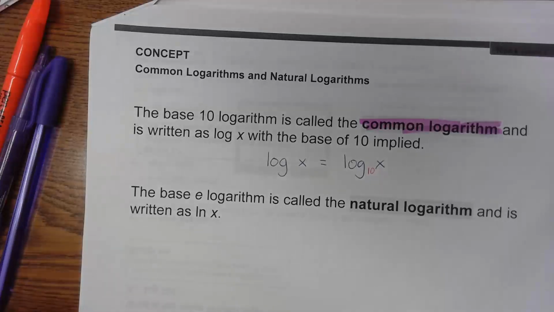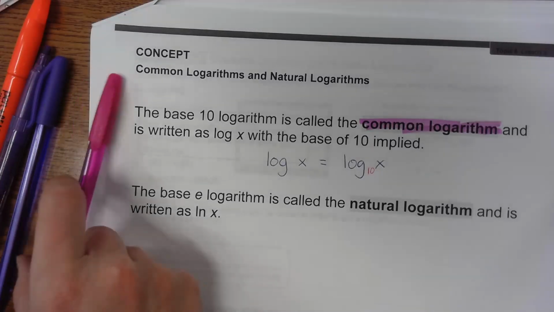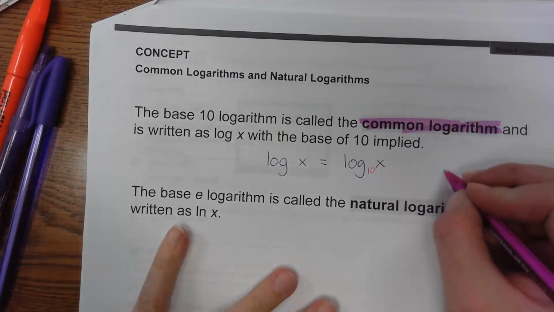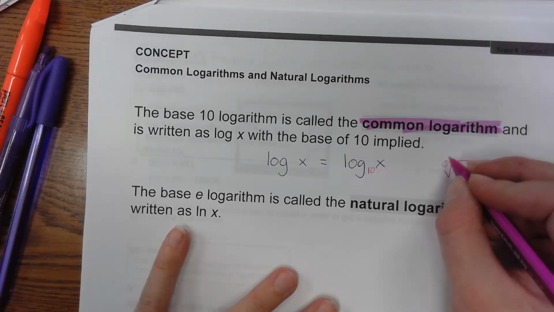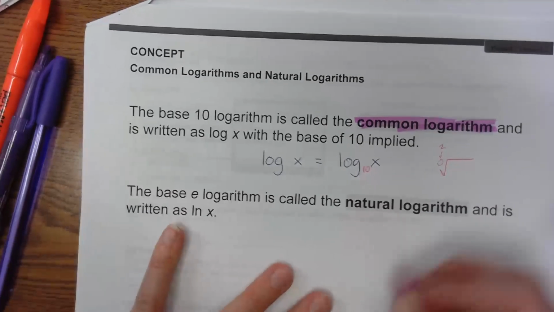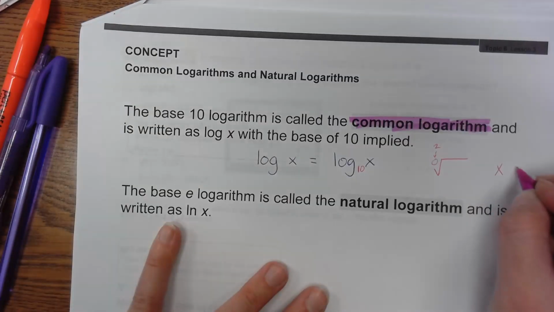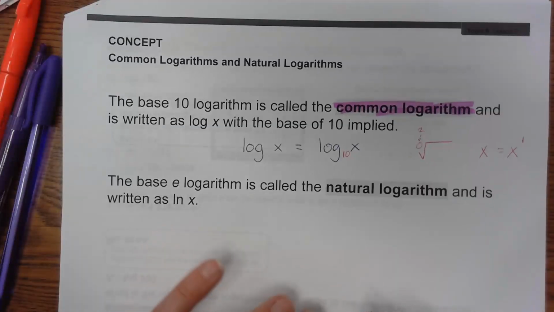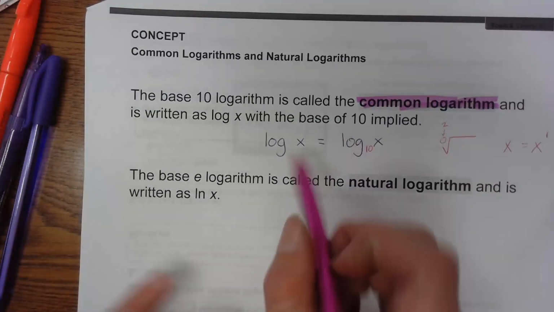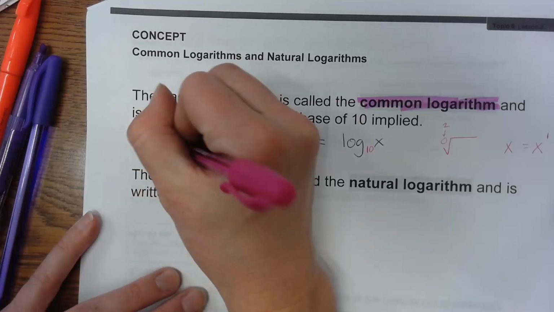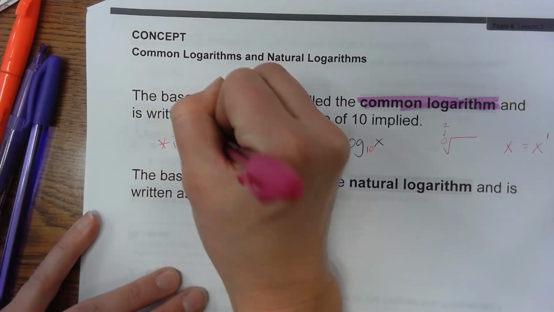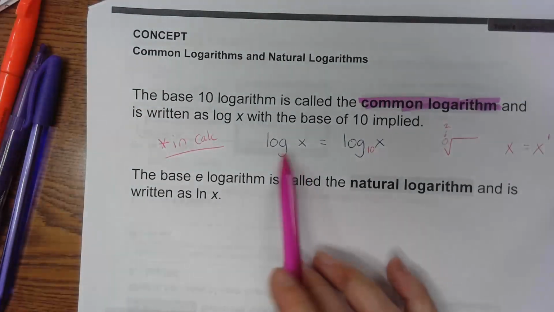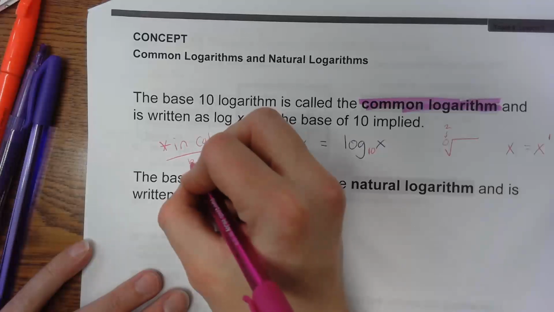It's that invisible 10 there, no different than when we write a square root and we know this is a 2, or when I raise x, this is really x to the 1st. And this is what is in our calculator. So when I calculate a log, it is always base 10.